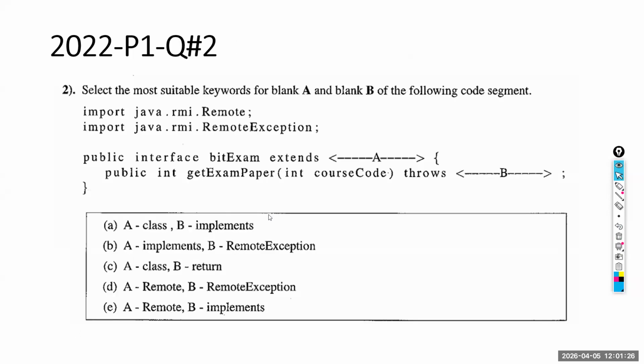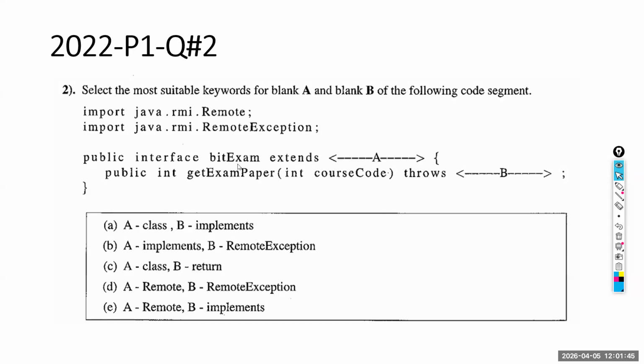Right. So next question. It's a bit of coding, but the examiner is not asking you to write the code. Select the most suitable. This is an MCQ question. Select the most suitable keywords for blank A and blank B of the following code segment.